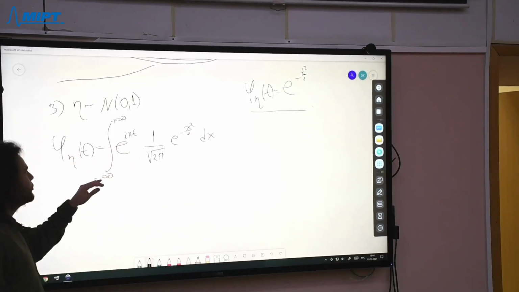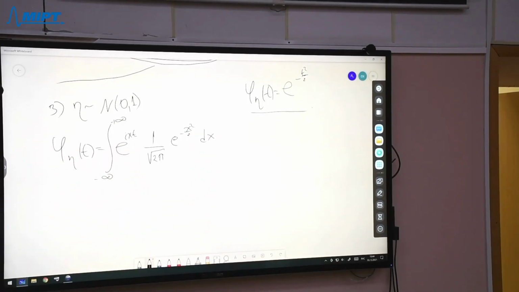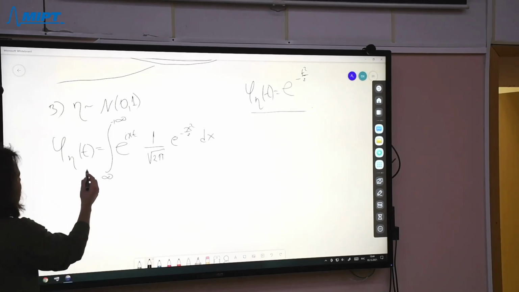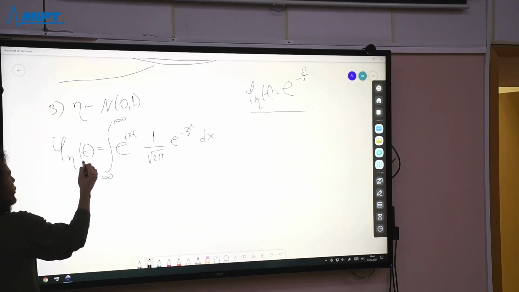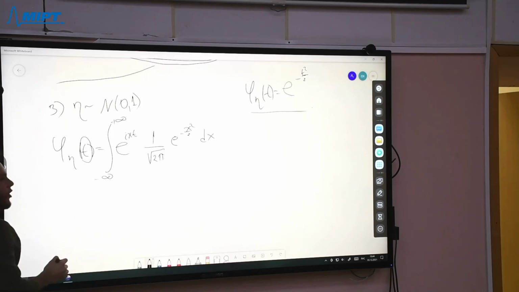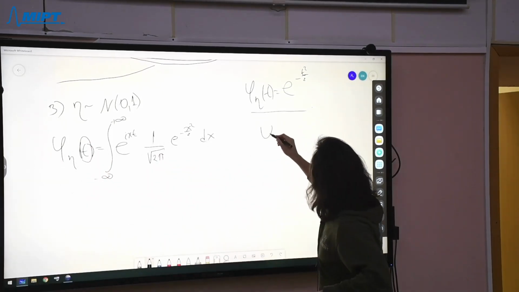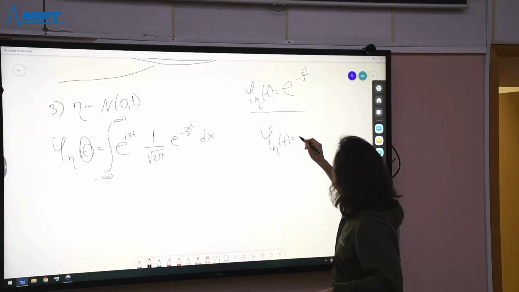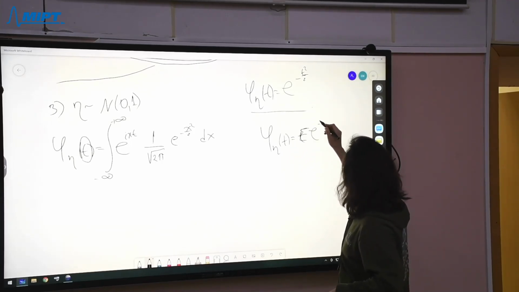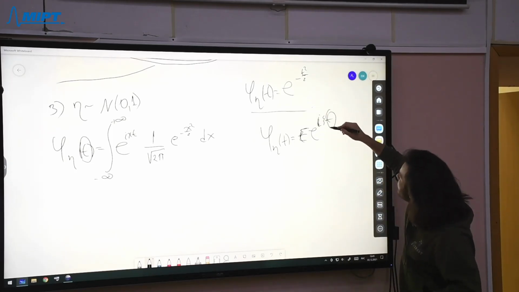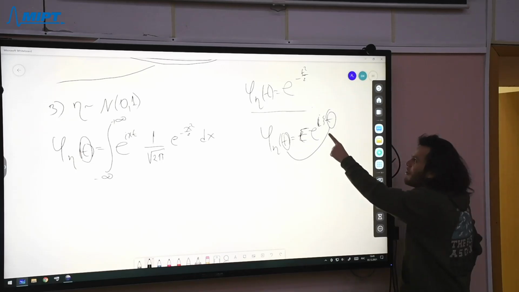Now, this is important. Don't get confused here as I just did. Here we need to get the function of t, right? So the definition again is this: the expected value of e to the i psi t. So this is the t that we have here, and we have here psi.